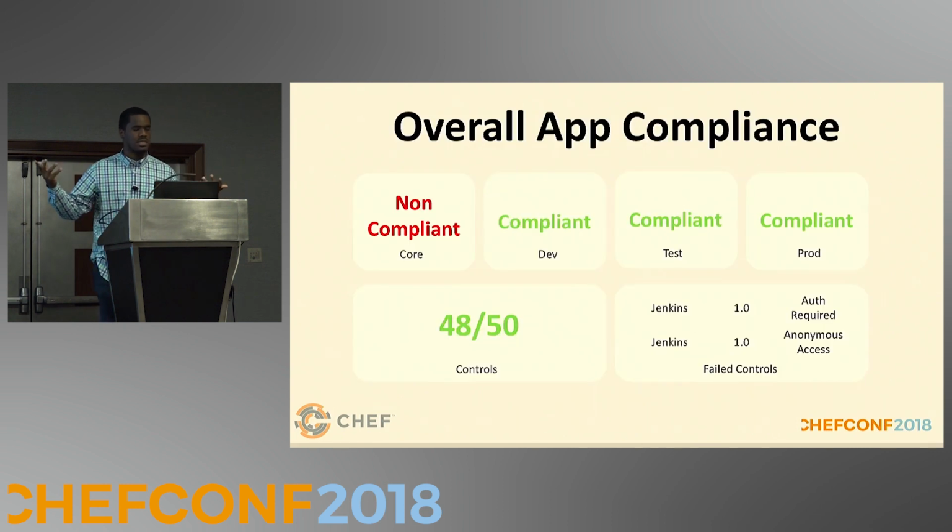So this is an example of a dashboard. I didn't create anything like Splunk or Elk because really it's just data. But from a very high level, we can understand, okay, my core services are non-compliant. So that could be my Vault and my Jenkins. And understand, okay, dev is good, test is good, prod is good, but then I can look at my failed controls and see somebody turned off authentication on my Jenkins server.